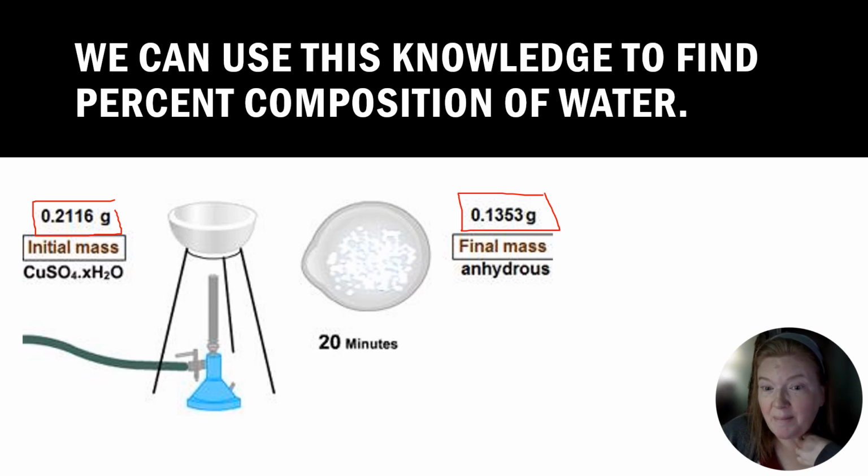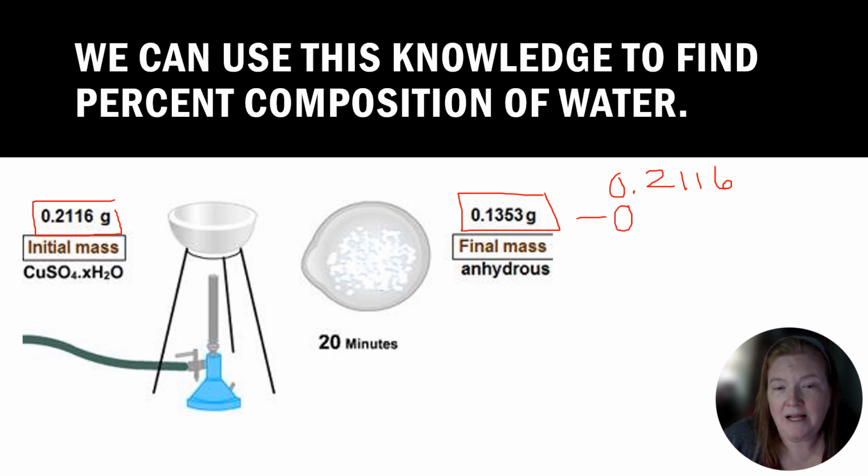Okay, so think about the popcorn again. I take what I started with, 0.2116, minus what I ended with, 0.1353, and what left? The water. So the difference in these two numbers is the water.